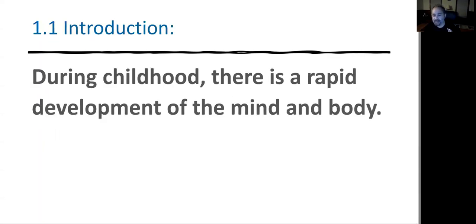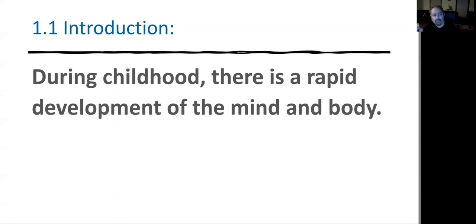So let's look at the introduction part. During childhood, there is a rapid development of the mind and body. Changes in a child's ability over time, including how their social, physical, cognitive, and emotional development occurs. Additional emphasis on how the development of a child's psychological state is shaped through influences such as their environment and their culture.